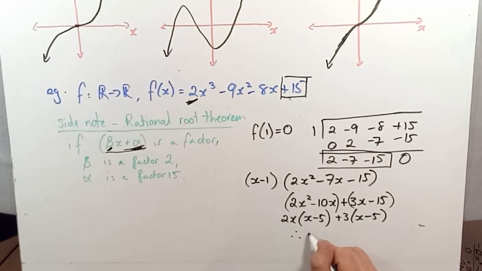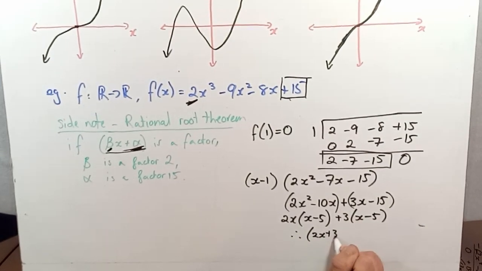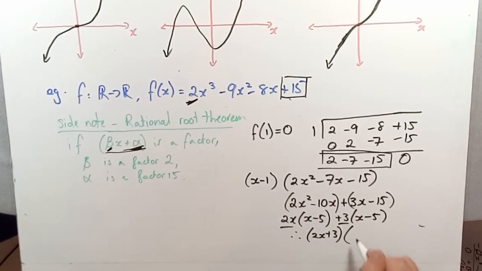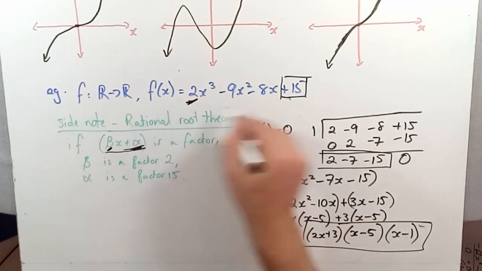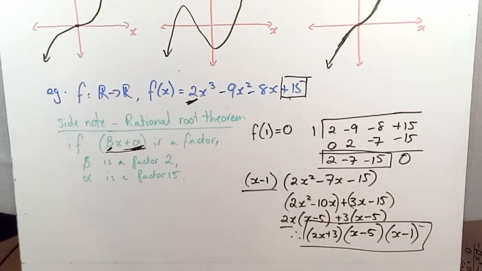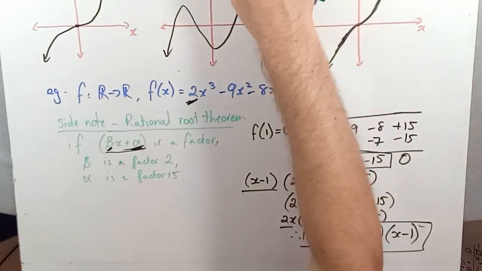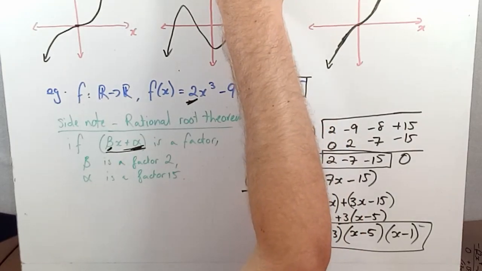Therefore I get 2x plus 3 on the outside, and x minus 5 on the inside. Perfect. And then obviously I've got my last one there. So now I've got all the factors of my cubic. Wonderful.